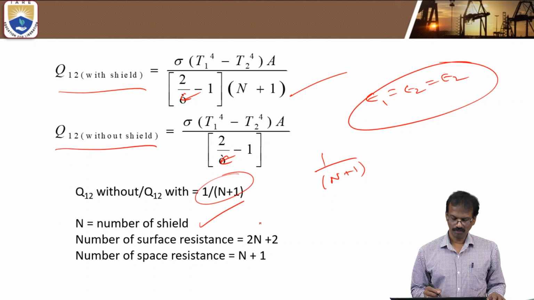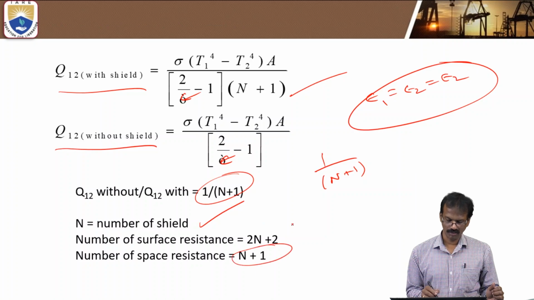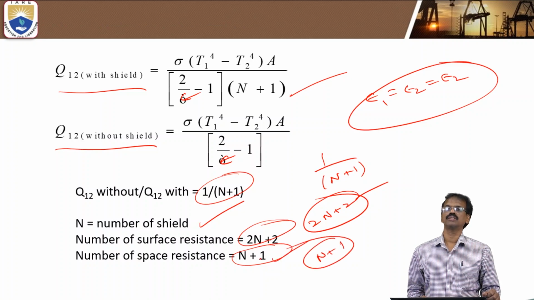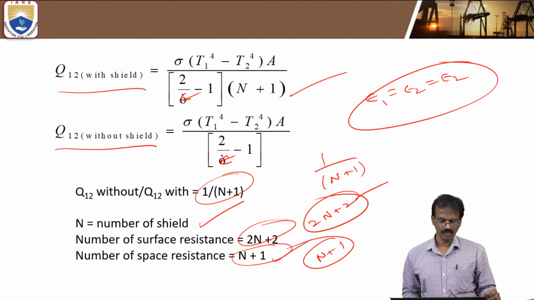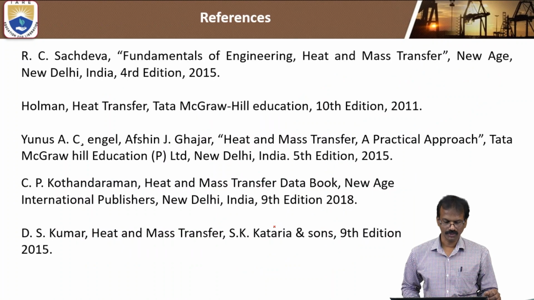It shows the number of surface resistances, 2n plus 2, based upon the number of shields, and the number of space resistances, n plus 1. You can use these formulas.